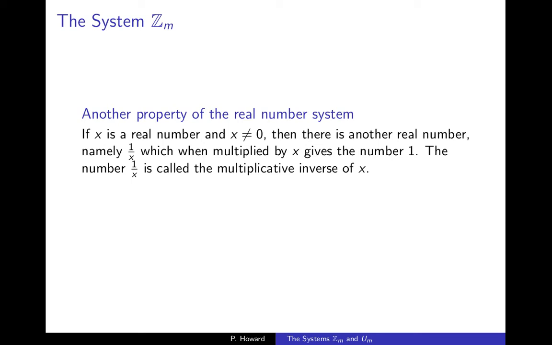Okay, moving on to another property of the real number system. If x is a real number which is not equal to 0, then there's another real number, namely 1 over x, which when multiplied by x will give you a 1. The number 1 over x is called the multiplicative inverse of x.